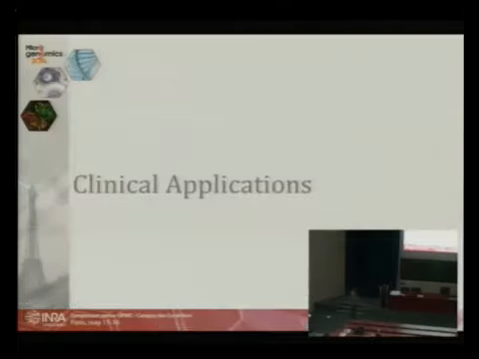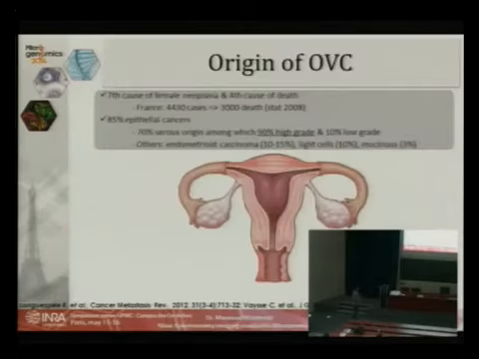Here it was on rat brain, which is not really interesting, so we applied it to a clinical application, and the application we chose was ovarian cancer, and more especially the origin of ovarian cancer. It's one of the most lethal gynecological cancers, and normally we say that the tumor starts on the ovary part, and afterwards some cells go inside the fallopian tubes.